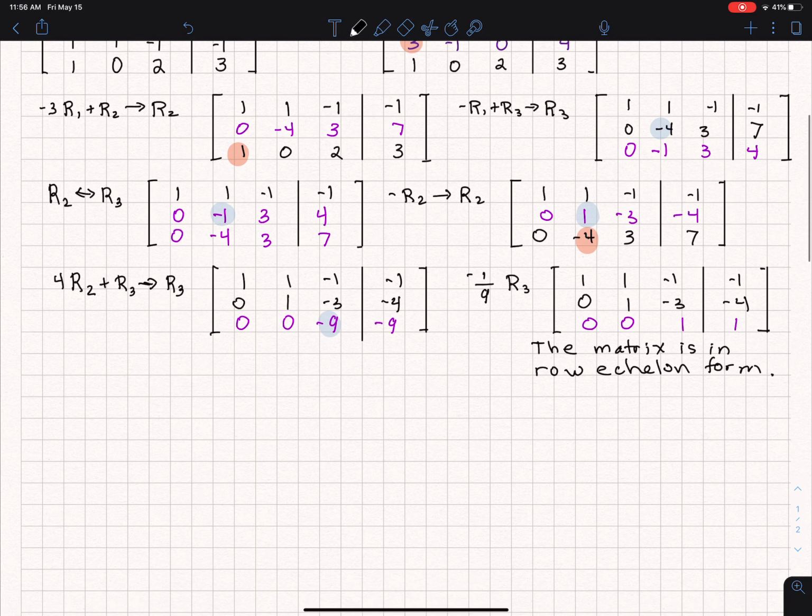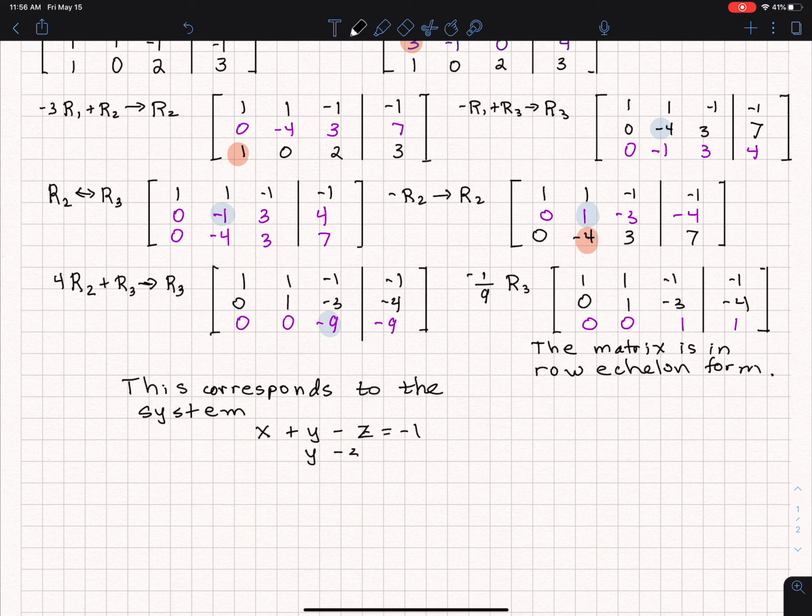Once you get to that point, we can write the system. So this corresponds to the system x plus y minus z equals -1, y minus 3z equals -4, z equals 1.